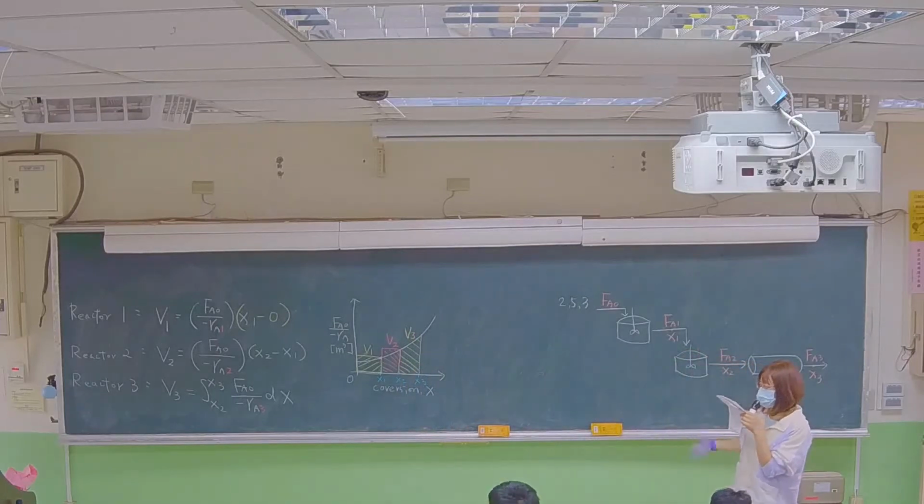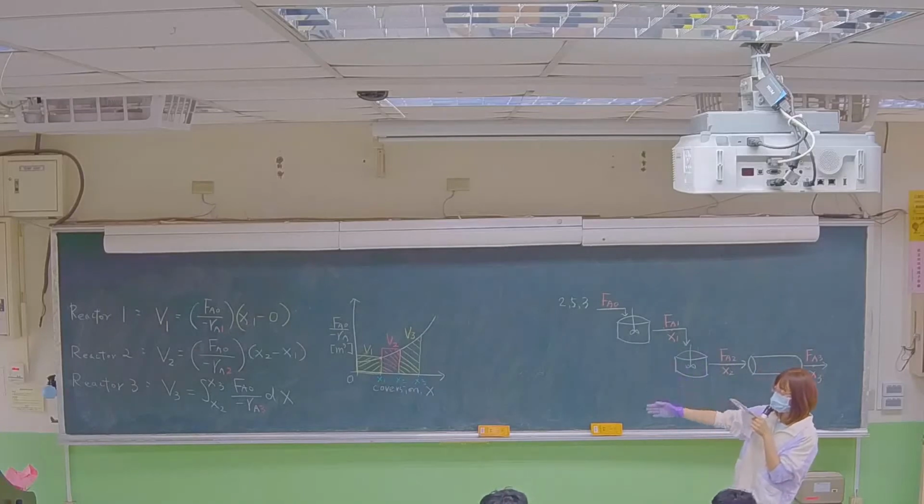So again, you can use two methods. You can use the formula, or you can calculate the area under the curve.